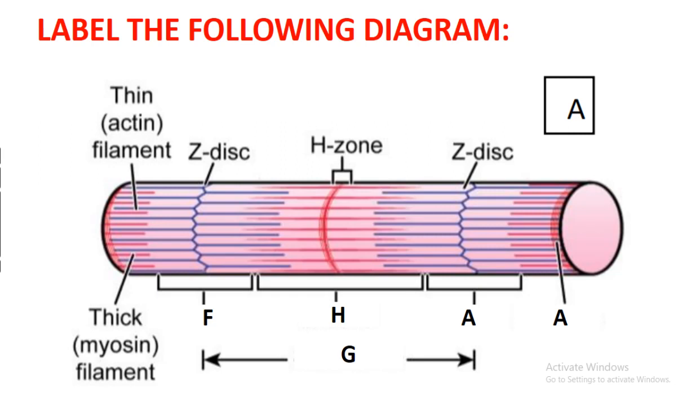The myosin and the actin normally interact due to the presence of calcium, and when they interact, they can lead to the contraction or relaxation of the muscle. So let's quickly look at F. F is the I band, which normally has the actin filament in abundance.